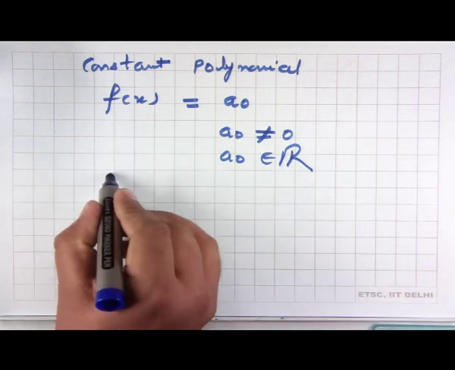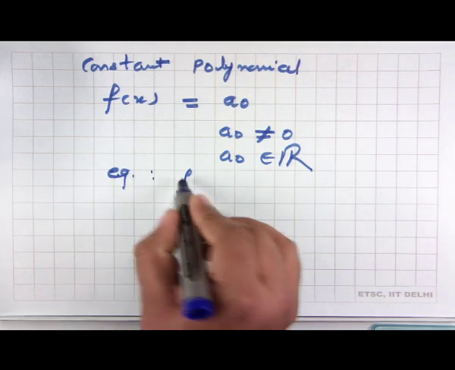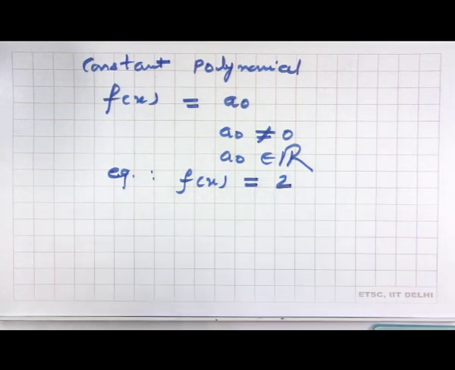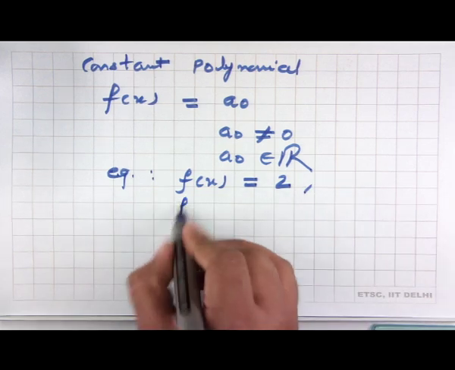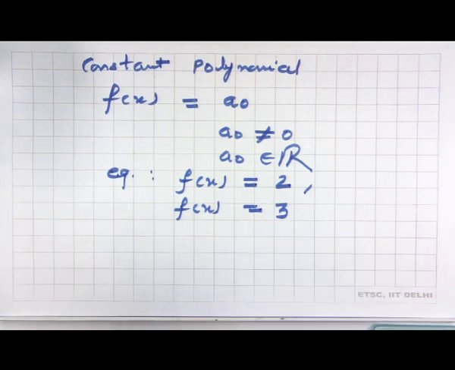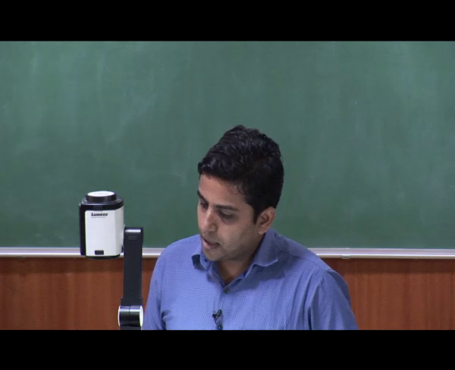For example, f(x) equals 2 is a constant polynomial, f(x) equals 3 is also an example of a constant polynomial, and we can take several examples of constant polynomial.